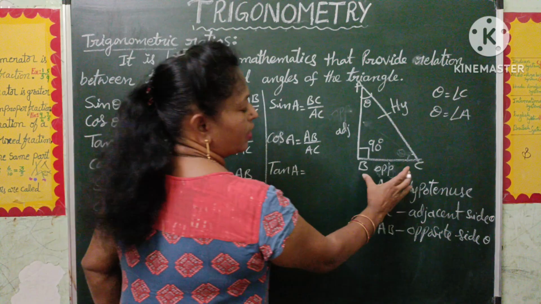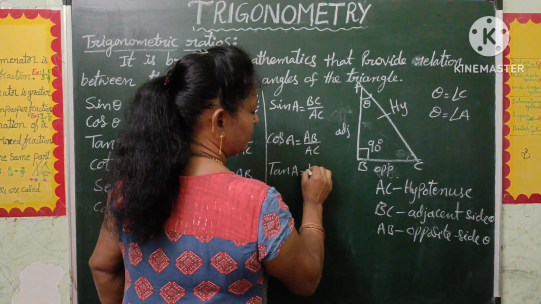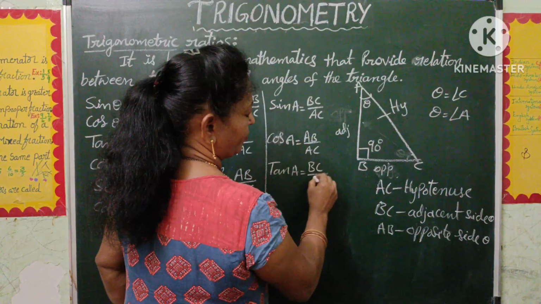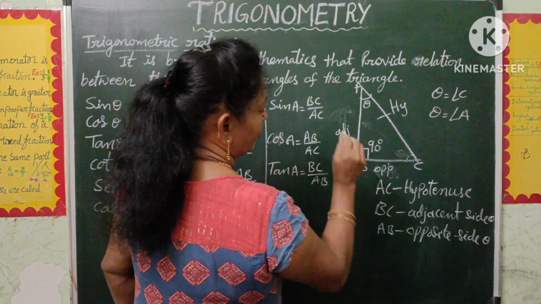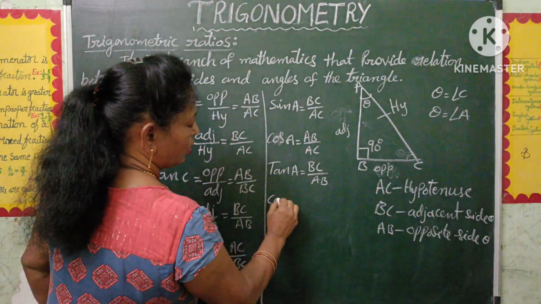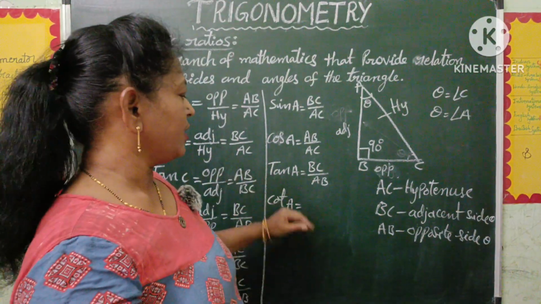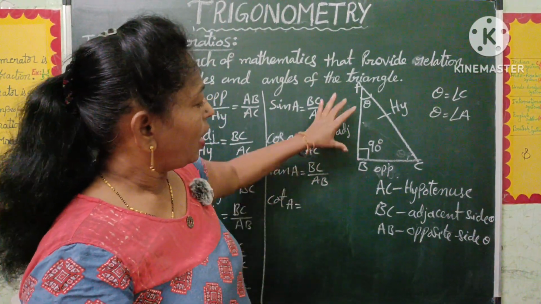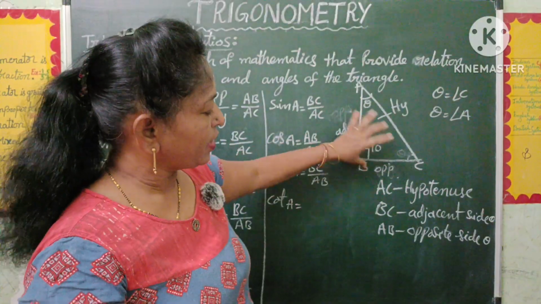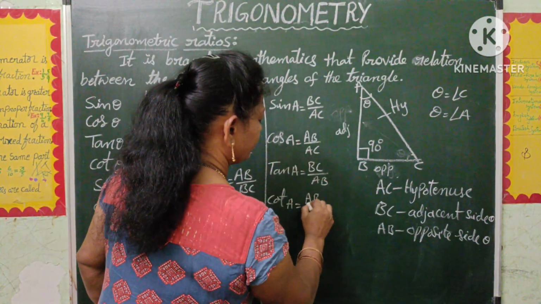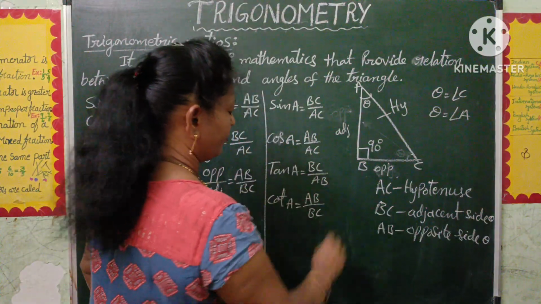Side opposite theta is BC and side adjacent theta is AB. Next, cot A is the reciprocal, side adjacent by side opposite, so AB by BC.